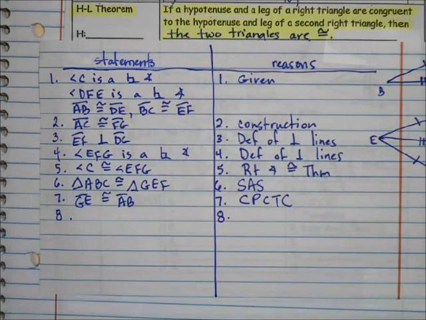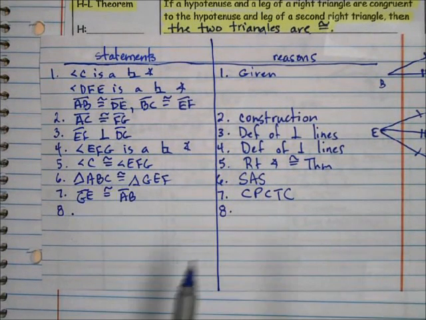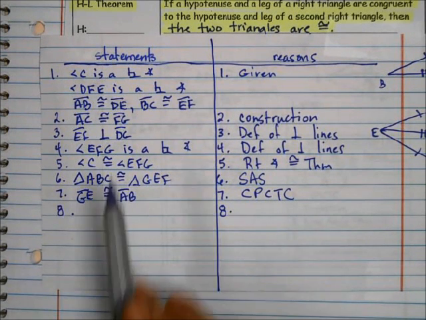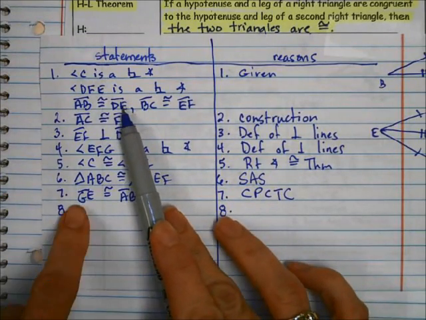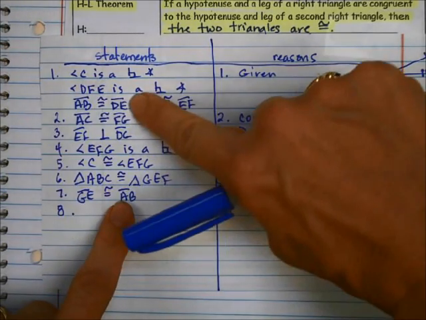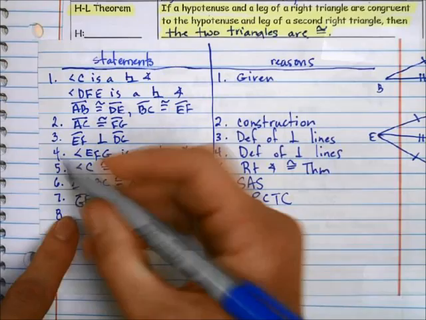So if those parts are congruent, now if you look back up here just a little ways, GE is equal to AB, and then I believe AB right up here is equal to DE. So do you see these two? AB is equal to DE, and it's also equal to GE.